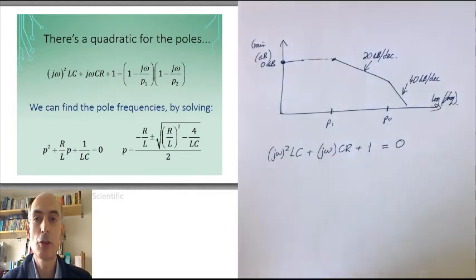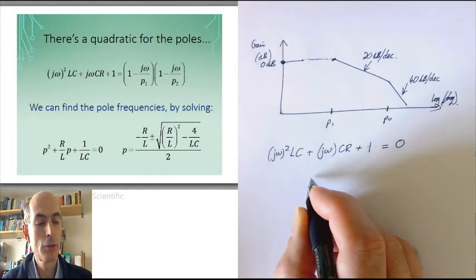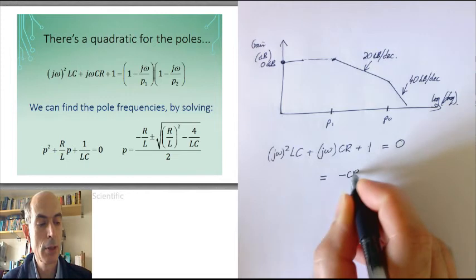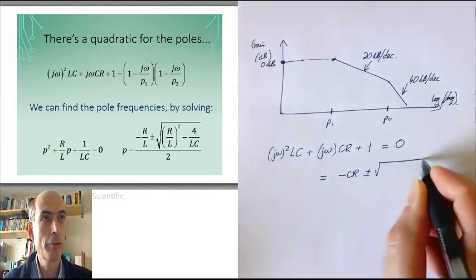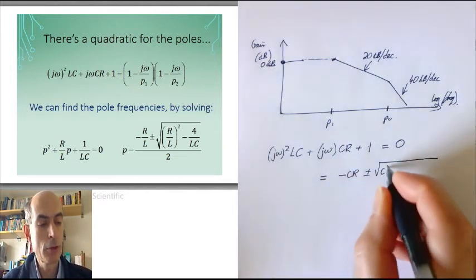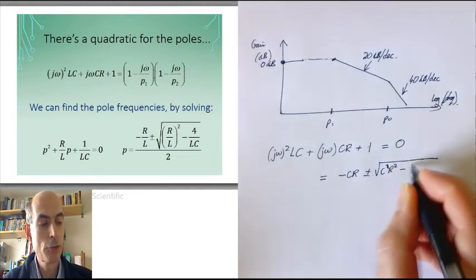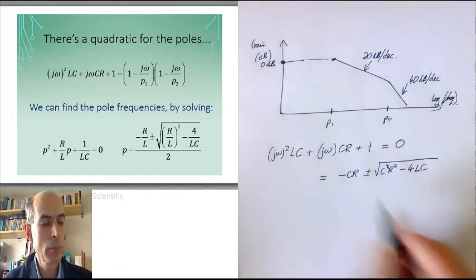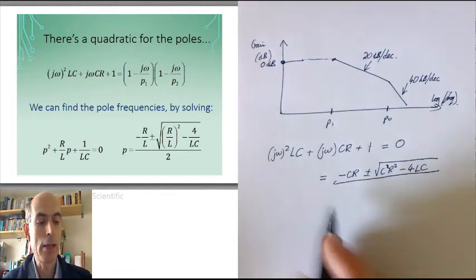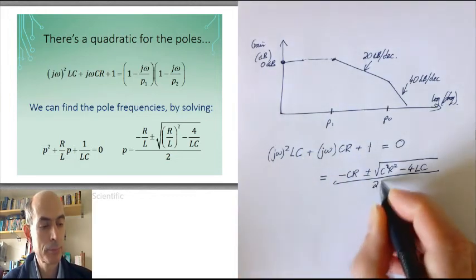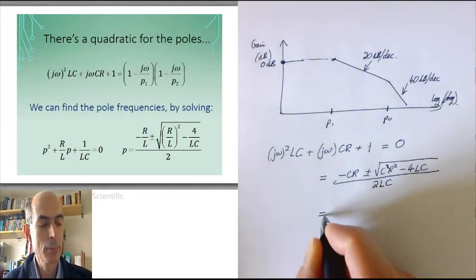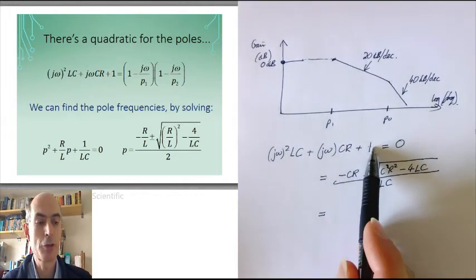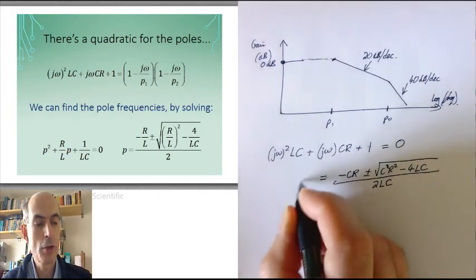We can apply the standard quadratic formula that the roots are minus b, in this case minus CR, plus or minus the square root of b squared, C squared R squared, minus 4 times a, LC, times c, 1, all over 2a, 2LC. And that gives me the values of j omega where the quadratic expression equates to 0. In other words, these are the poles.